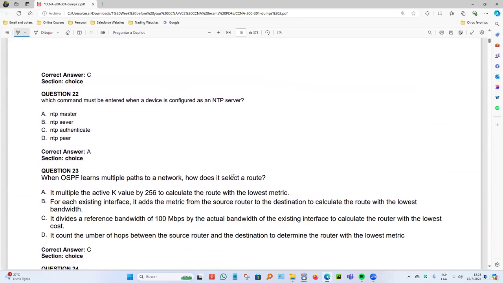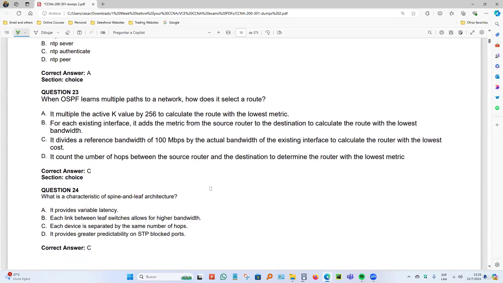Which command, this is question 22, which command must be entered when a device is configured as an NTP server? NTP master, the answer is A. Question 23, when OSPF learns multiple paths to a network, how does it select a route? So the answer is C. Let's see why.